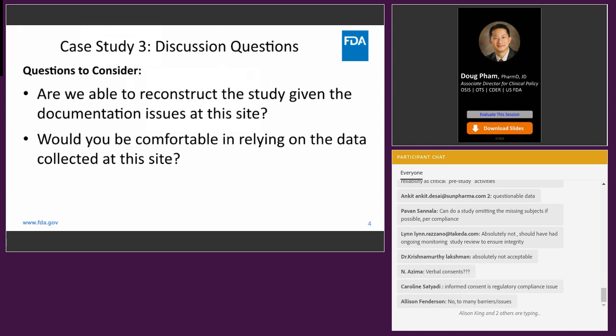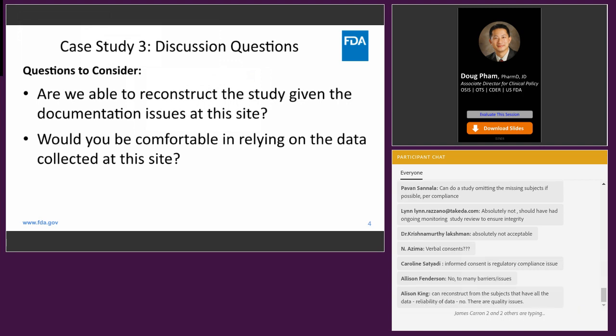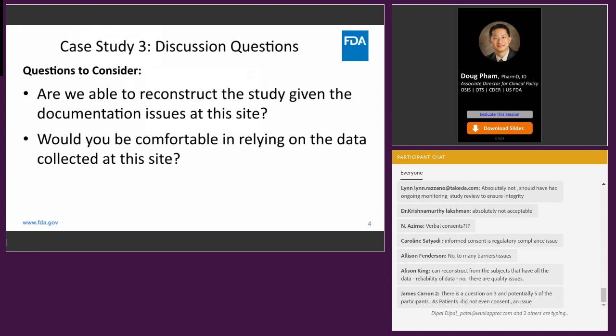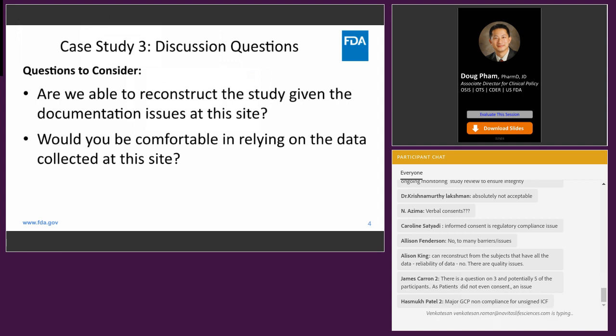So the first, and I'm just looking at your comments, and they're all very good. First, you have 3 subjects that are missing essentially past medical histories to show eligibility. This is a big no-no, at least from the clinical trial perspective, because if you can't show that someone is eligible to be in the trial, they probably shouldn't be, right?